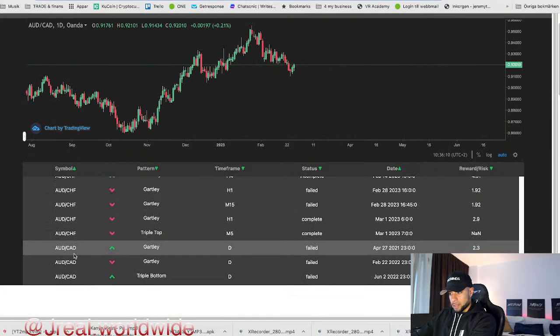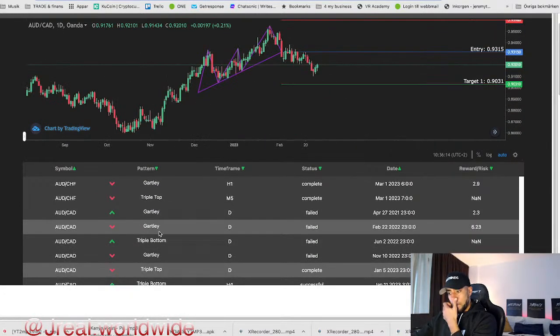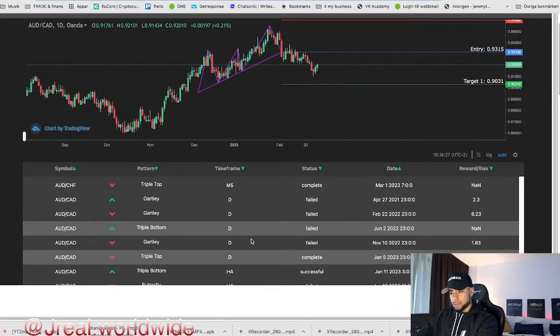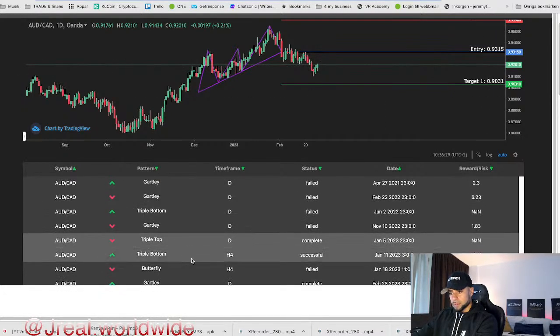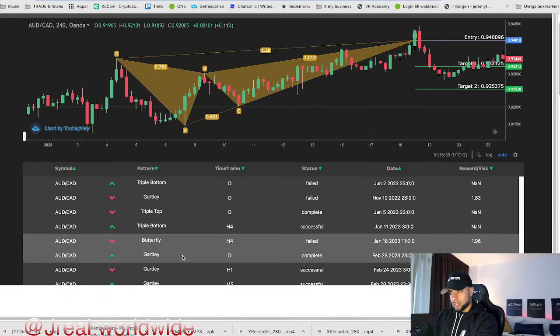Let's see if we can get some confluence here. Yeah, it's also pointing at a sell, but it's much higher. It's a whole different trade. There's a lot of trades that already went.